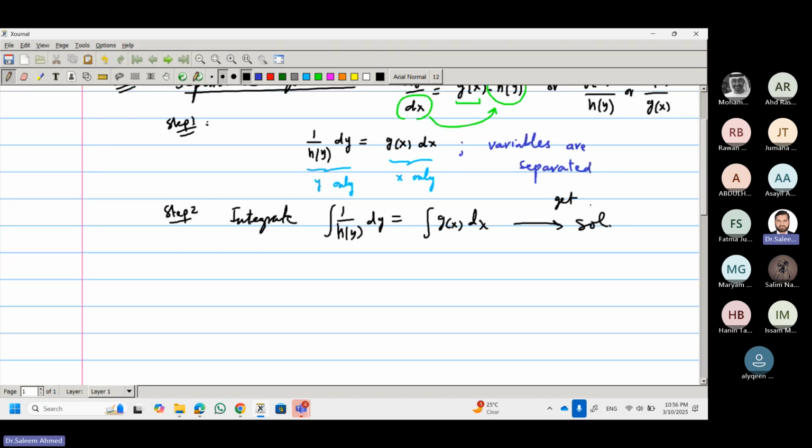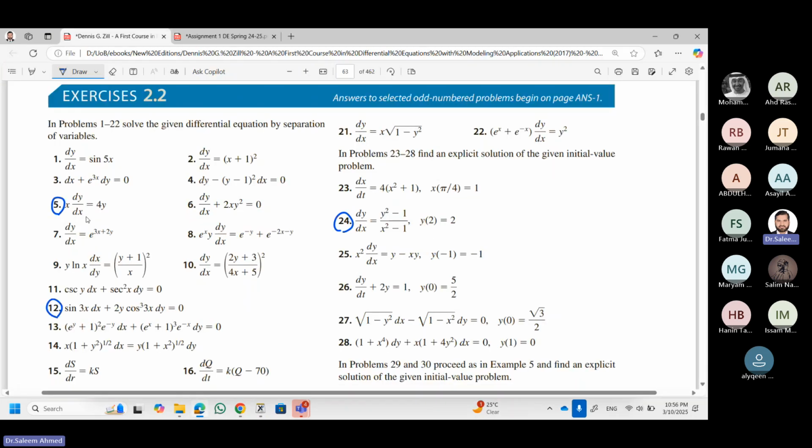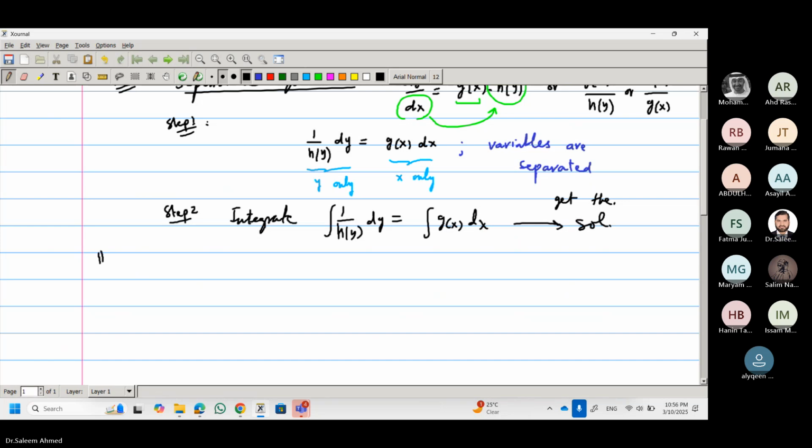Okay. So for example, if I look at problem number 5, exercise 5: x dy by dx is equal to 4y, right?